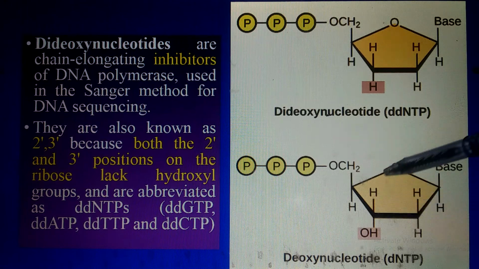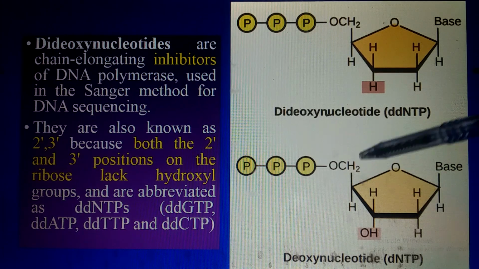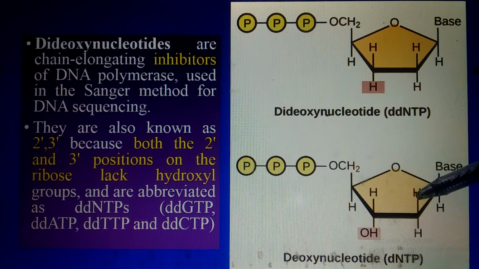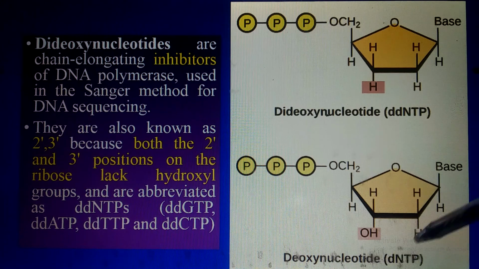This is the ribose sugar. You people are familiar that this is a 5 carbon sugar. It consists of 1, 2, 3, 4 and 5 carbon. So in case of the oxyribose, meaning in case of the RNA, a hydroxyl group is present. But in case of the DNA, which is deoxyribonucleotide, the hydroxyl group is removed, or you can say the oxygen is removed, and just a hydrogen atom is present at carbon number 2.